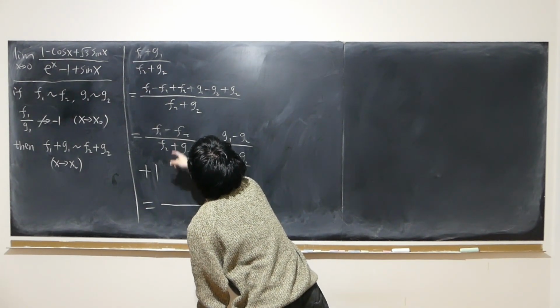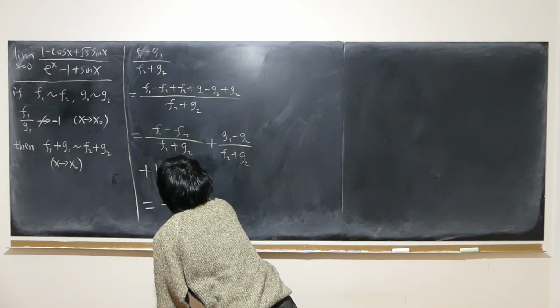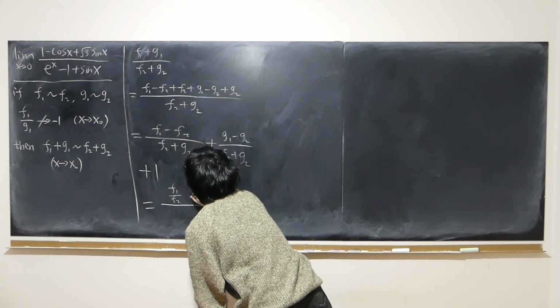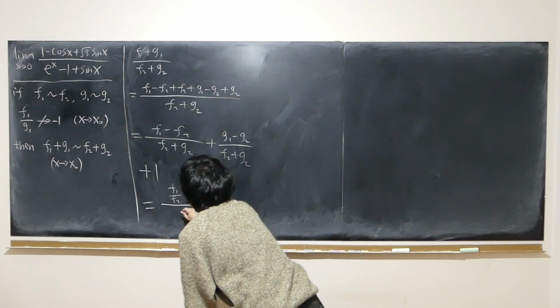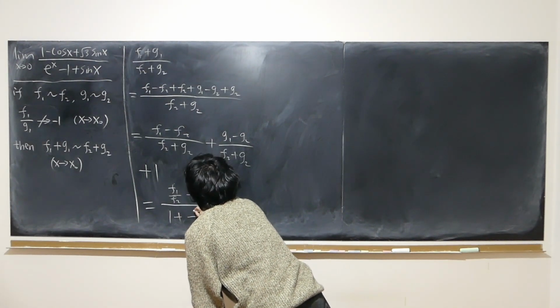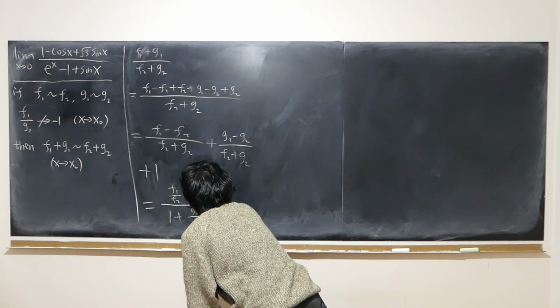So divide by f2 on the top. I have f1 over f2 minus 1. Again, divide by f2 on the bottom. I have 1 plus g2 over f2.